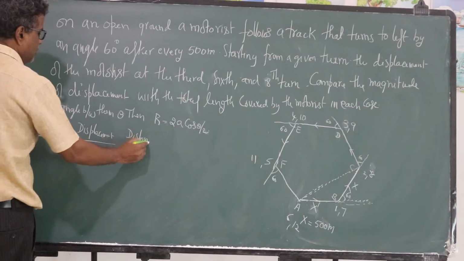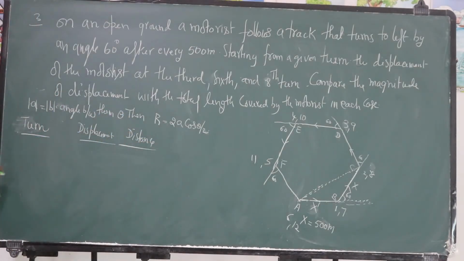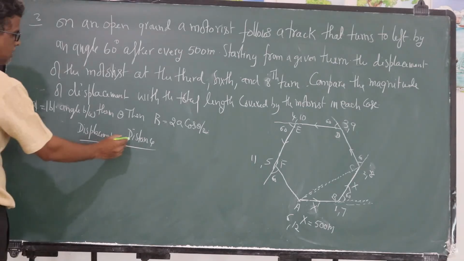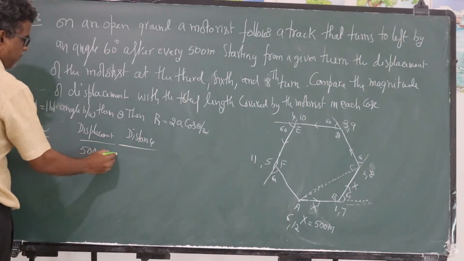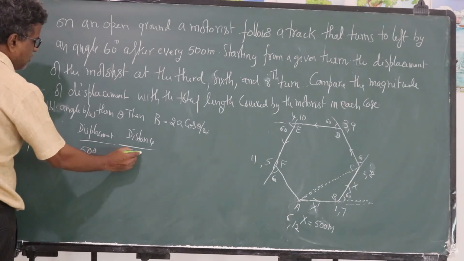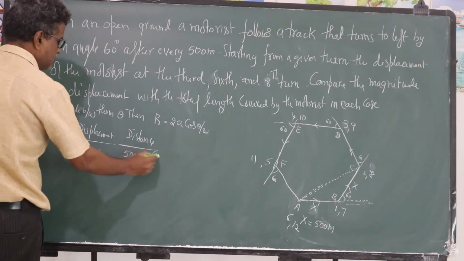Okay, I want to fill these columns. At the end of the first turn, displacement is 500 meters, that is x. Distance is x, 500 meters.